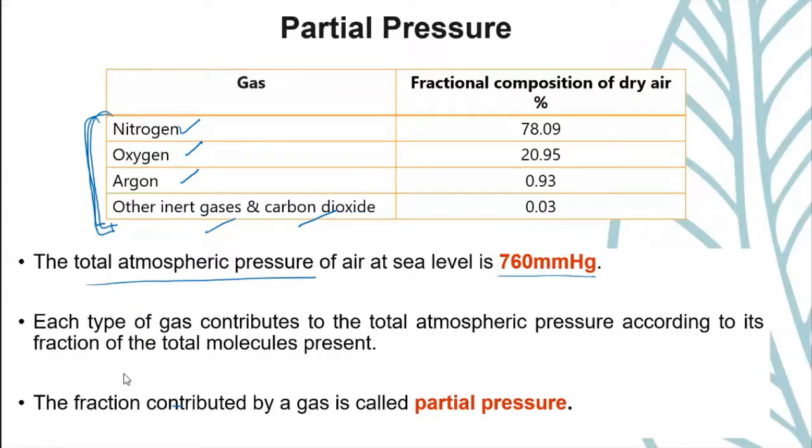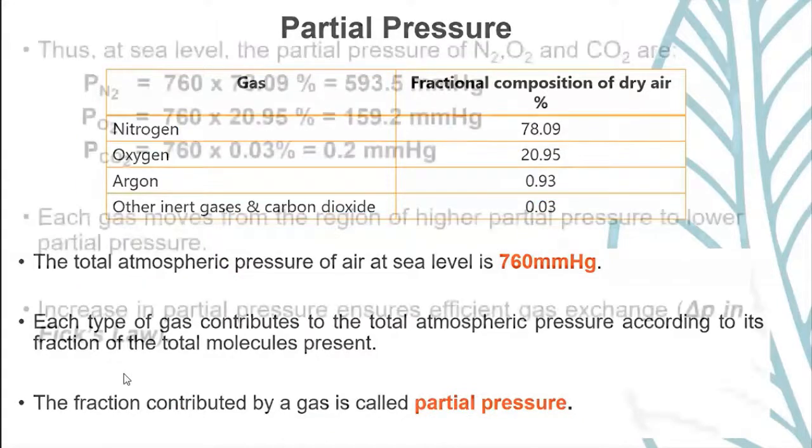So the fraction contributed by a gas is called partial pressure. So kita nak tengok partial pressure of oxygen dengan partial pressure of carbon dioxide. So how do you determine the partial pressure of oxygen and carbon dioxide? Kalikan lah, kan? Dia punya fraction kali dengan total atmospheric pressure.